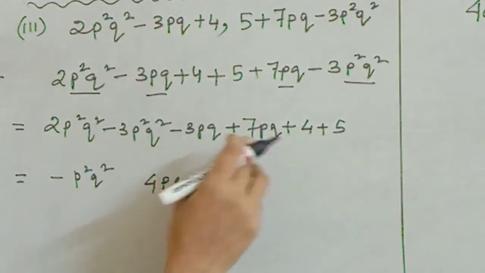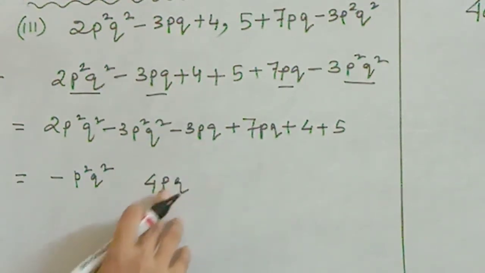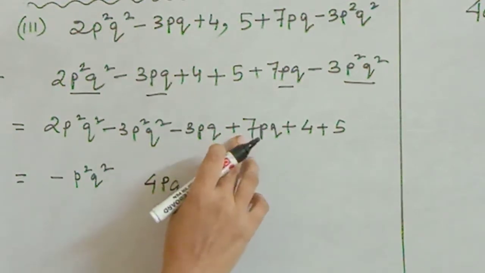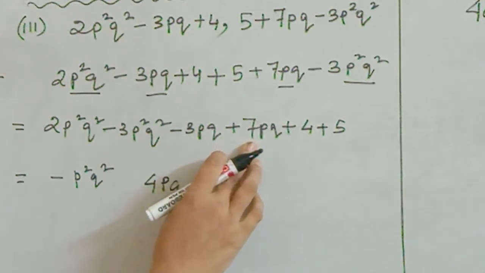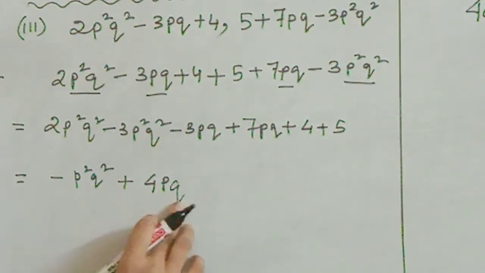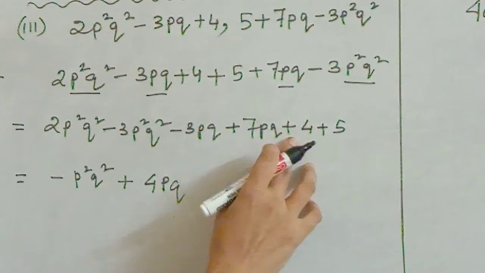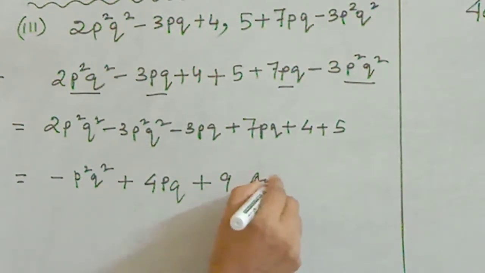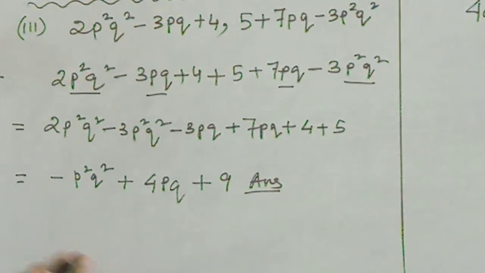From 7 you are subtracting 3, so the result is 4pq. And the larger number 7 has a plus sign, so you will write plus 4pq. Now 4 plus 5, it is 9. So all the operations on like terms have been completed, and this is the answer of this addition.